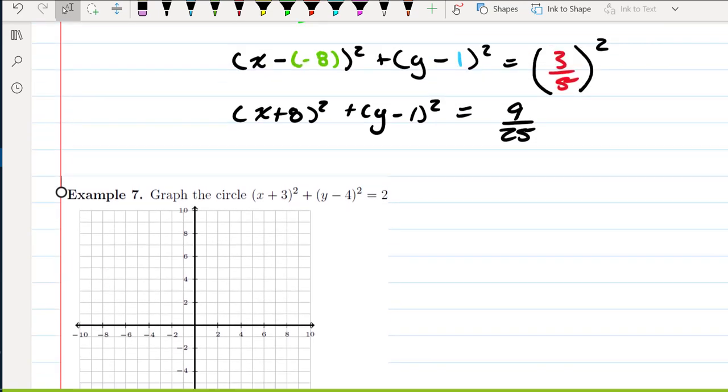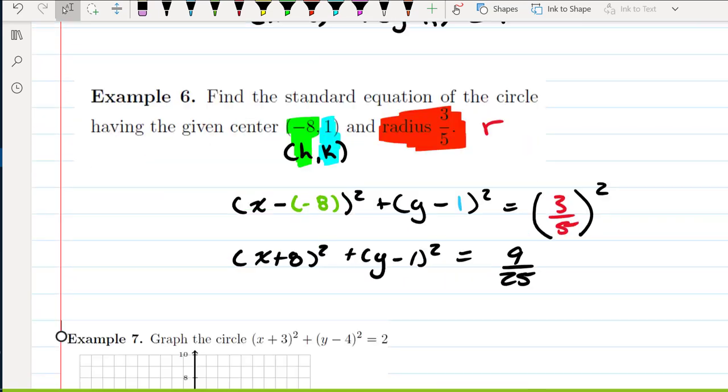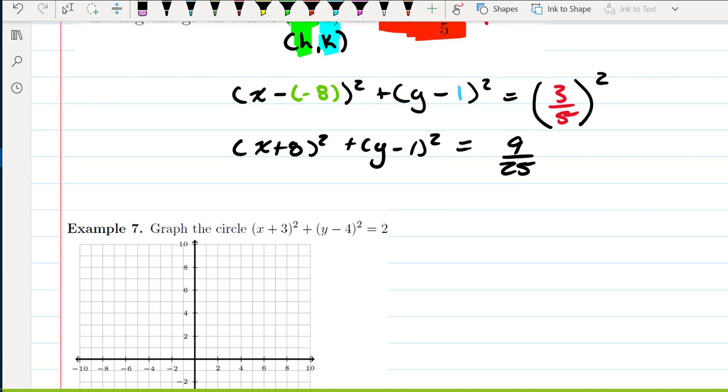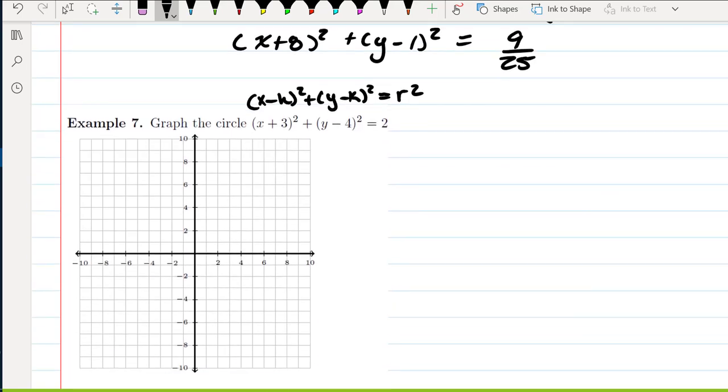I'm just going to write it above: x minus h squared plus y minus k squared is equal to r squared.